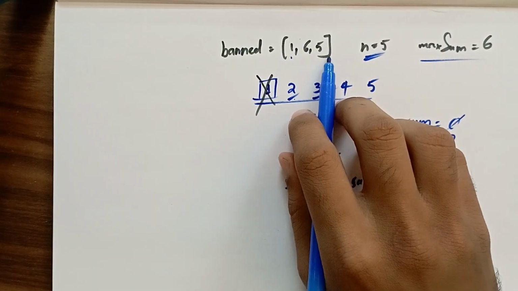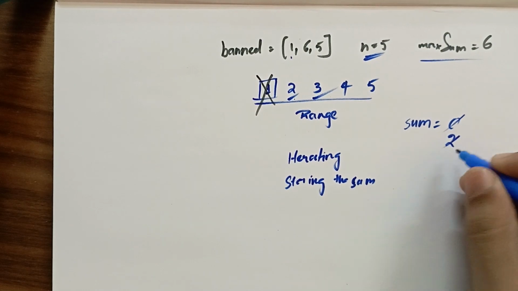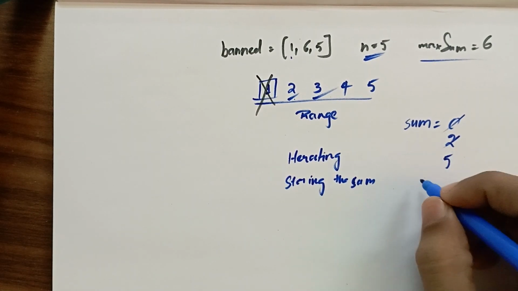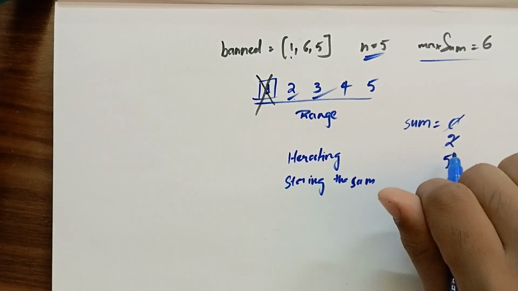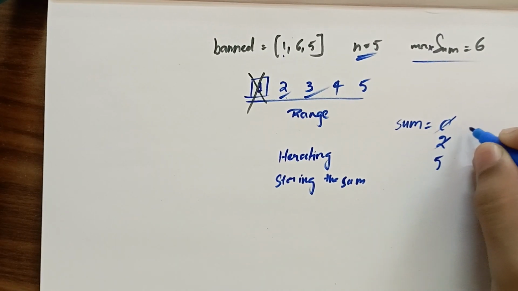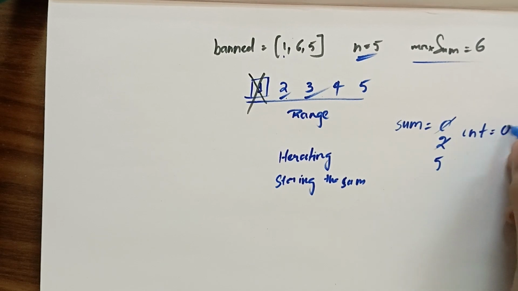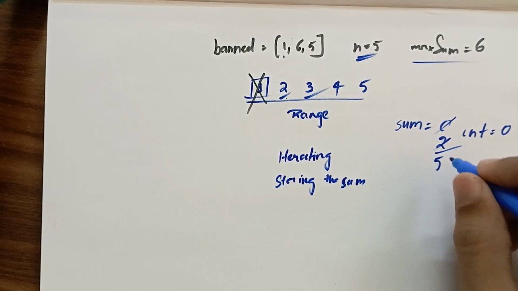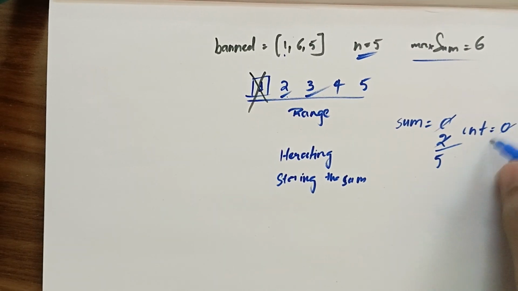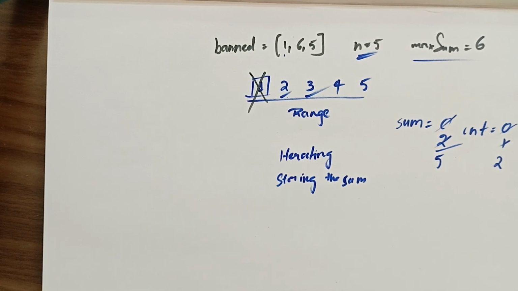Is 3 present in band array? No. Let us add that, so sum becomes 5. And we will initialize count with 0, and if we are incrementing the sum, then we need to increment count by 1.